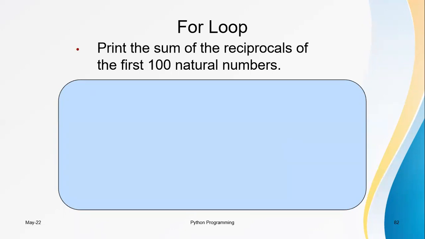For I in the range of 0 to 101, K is equal to 1 by I, print K. Our answer is from Leela Krishna. Super. Super, sir.